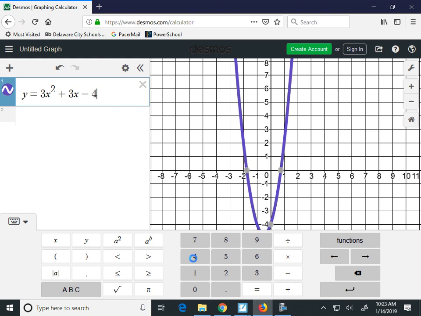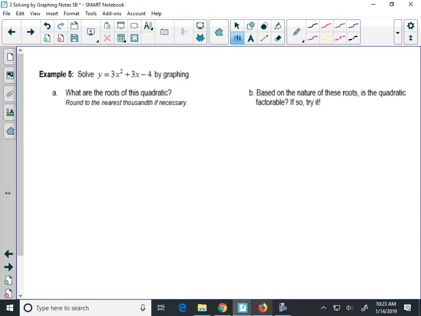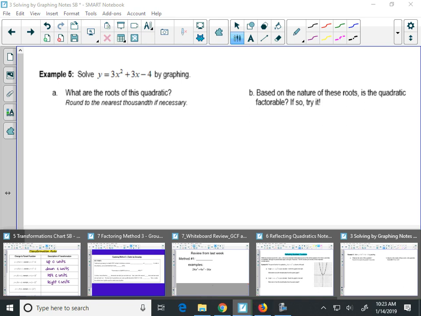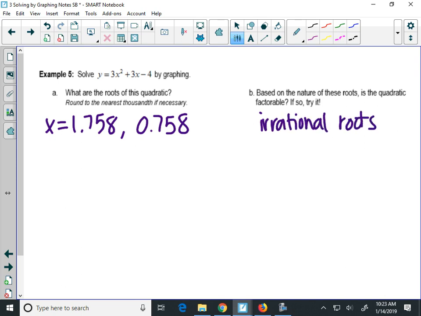These roots, I get negative 1.758 and 0.758. Those two roots are irrational. Since they are irrational roots, we suspect that we cannot factor. But let's try just in case.